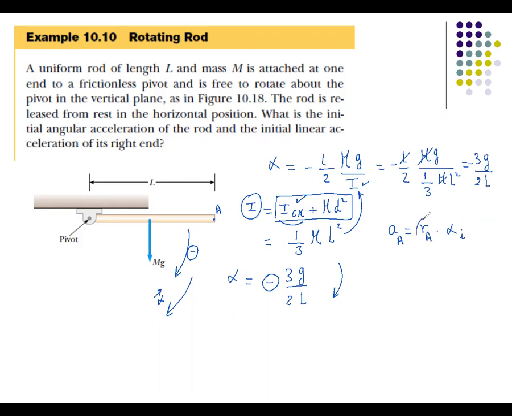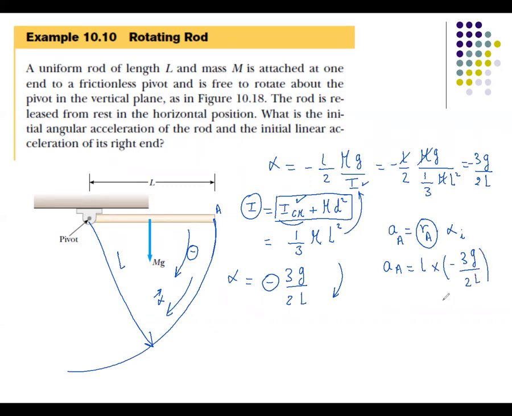R_A is the radius. If we have the rotational motion, A will turn like this. The radius here will be L. So a of A equals L times alpha, which is equal to minus 3G divided by 2L.